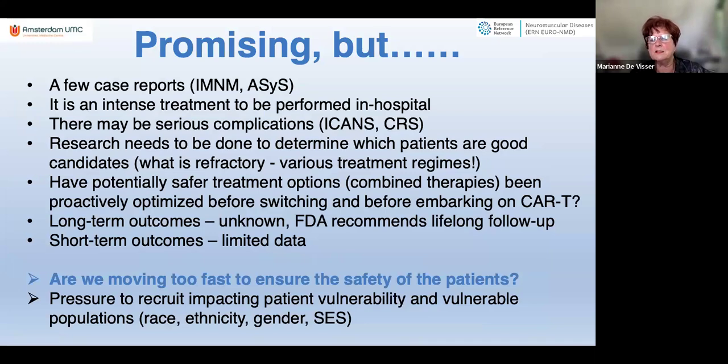And we have to realize that it's an intense treatment to be performed in hospital together with the hematologists who are familiar with this kind of treatment in their lymphoma patients.